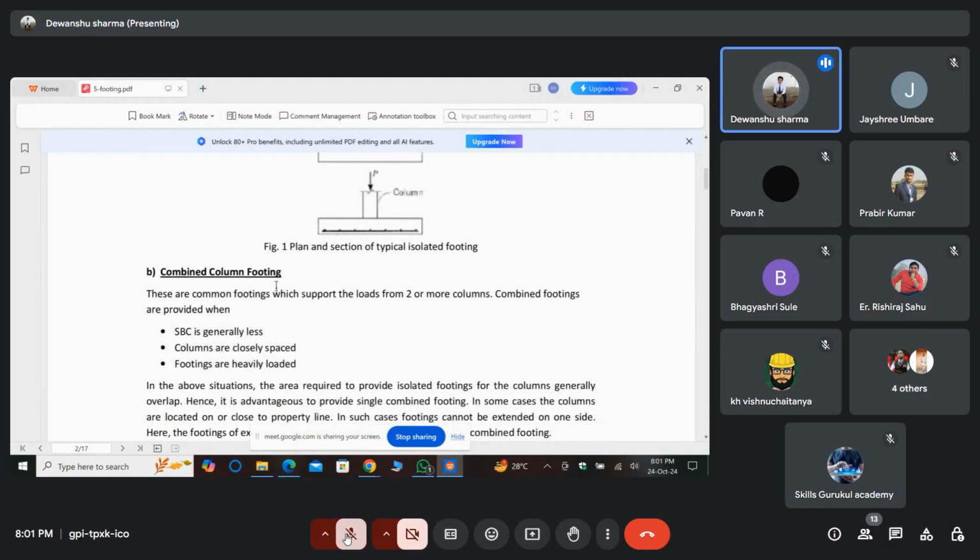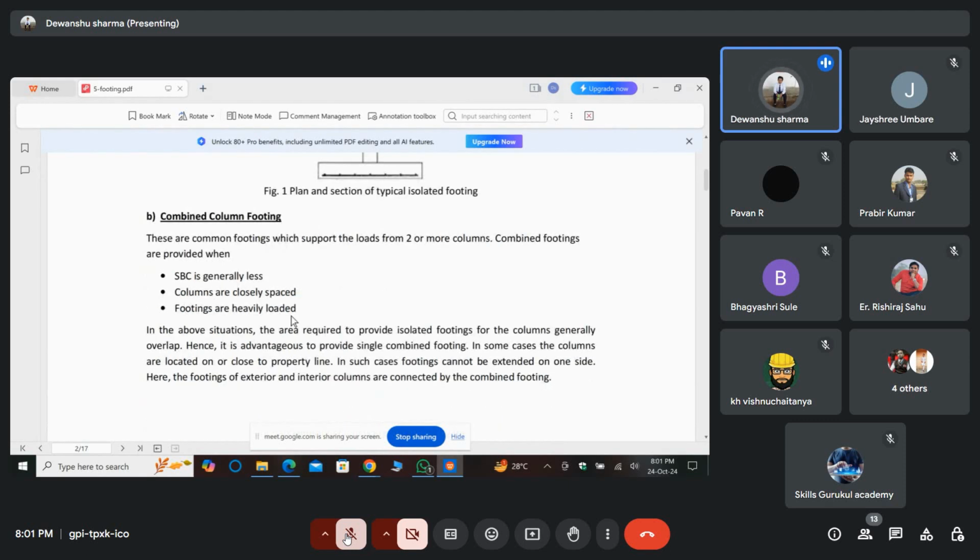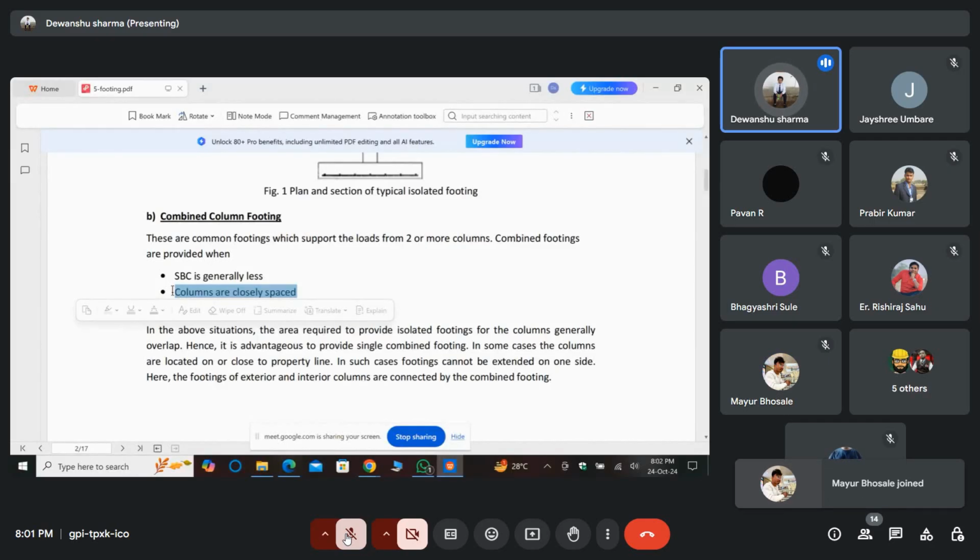After isolated footing, there is combined column footing, in which two or more columns are combinedly provided with a single footing, and this is provided where SBC is generally less, that is, SBC is more but less than where we provide isolated column footing. Columns are closely spaced, so this condition occurs when two columns are close, so that even if we provide isolated footings, the gap between two isolated footings is less, or they merge.